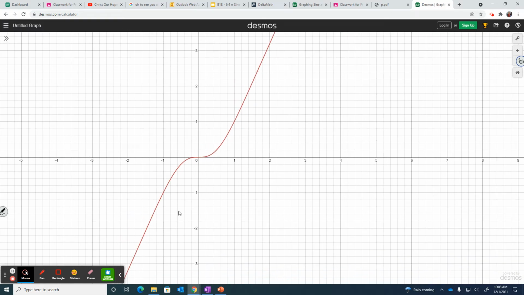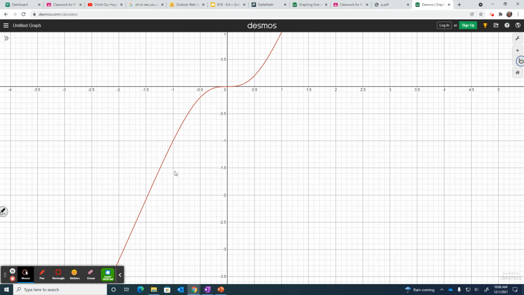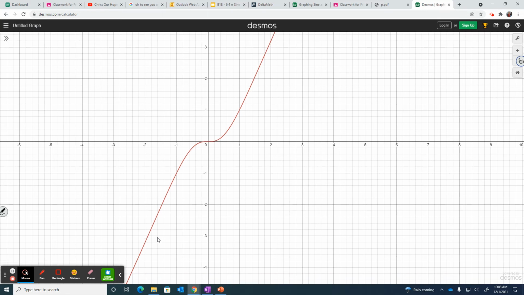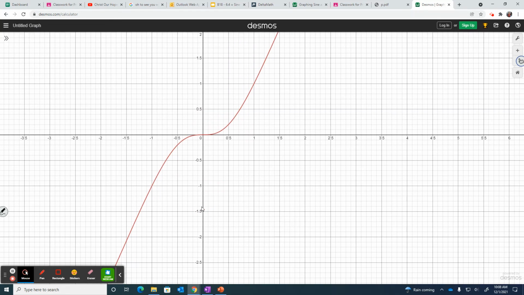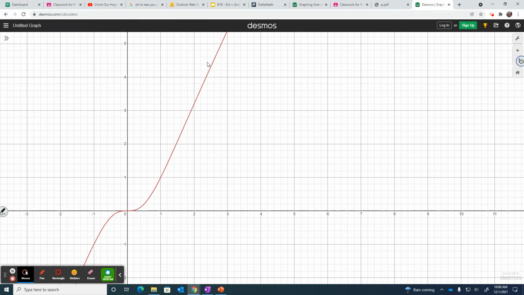Honestly, it's kind of hard to tell that it's even concave up to begin with here, isn't it? It's pretty hard to tell where it switches. It just looks like a straight line, so it's a little too hard to even tell. You can see obviously here it switches from down to up, but then it's almost impossible to tell where it switches concave down again. I don't know, maybe that doesn't actually help much.